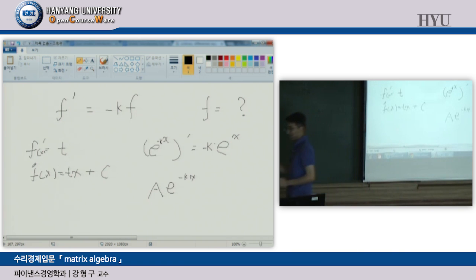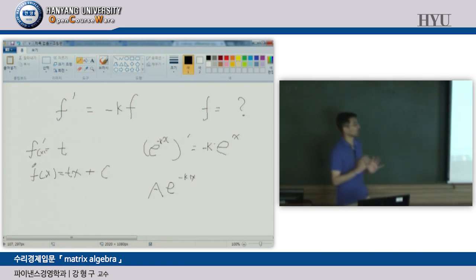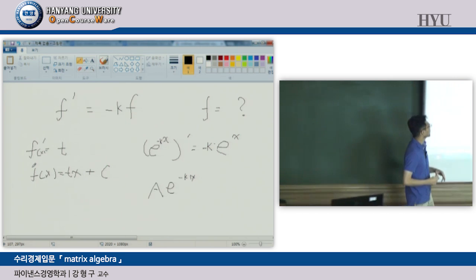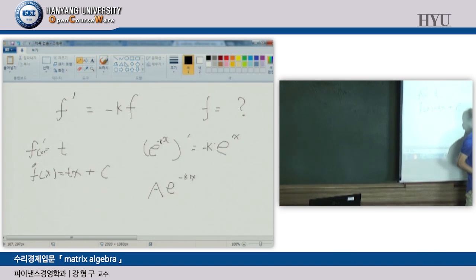So this is called solving by educated guess. You are educated about this part, so using this educated guess, you are finding this solution. It's one way of finding a solution. Basically, you are guessing based on what you learned last class.